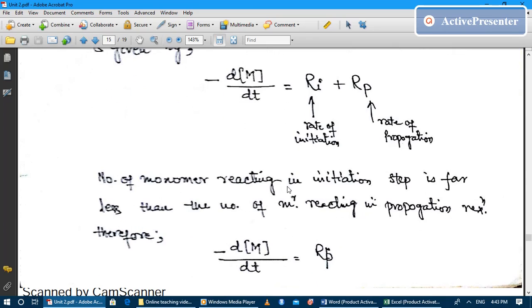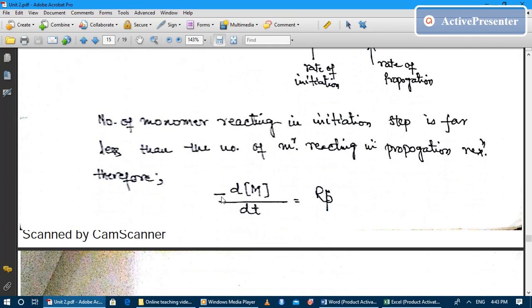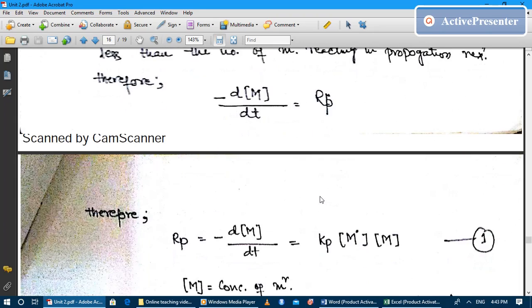The number of monomers reacting in the initiation step is far less than the number of monomers reacting in the propagation reaction. Therefore, we can easily ignore this Ri part. Therefore, the rate of monomer disappearance is almost equal to the rate of the propagation step. In other words, Rp, where Rp stands for rate of polymerization or rate of propagation, is equal to the rate of monomer disappearance, which is equal to Kp [M dot][M].